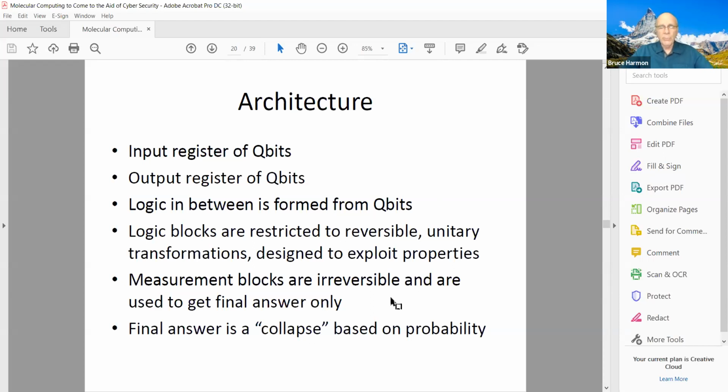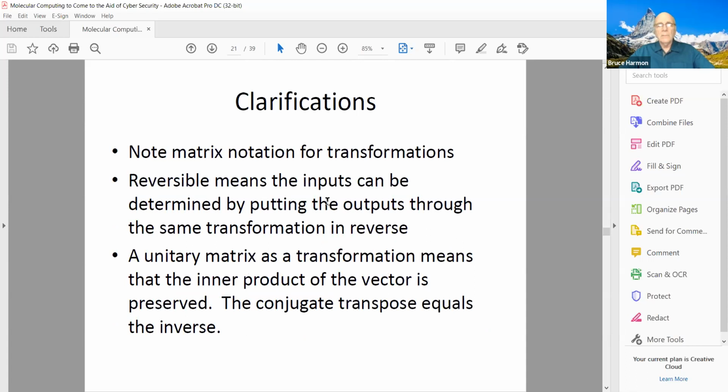And in a moment, I'll go through what unitary is. The measurement blocks then are the only things that are irreversible, and they're only there at the last answer. So in effect, the last answer is made to collapse to a real non-probabilistic result based on a measurement at the end. Okay, here it is at the bottom.